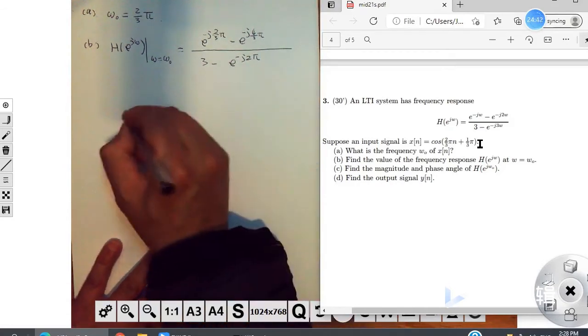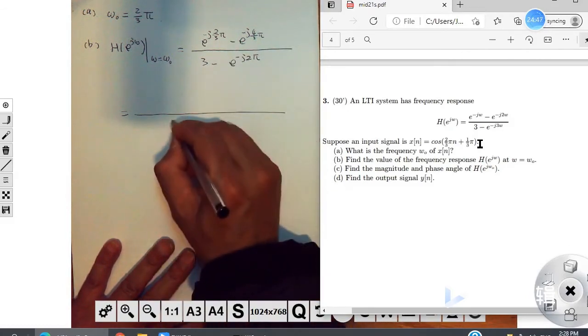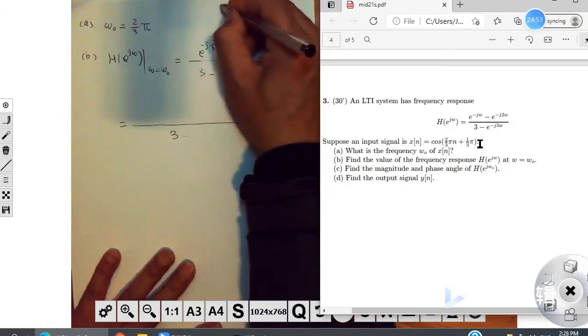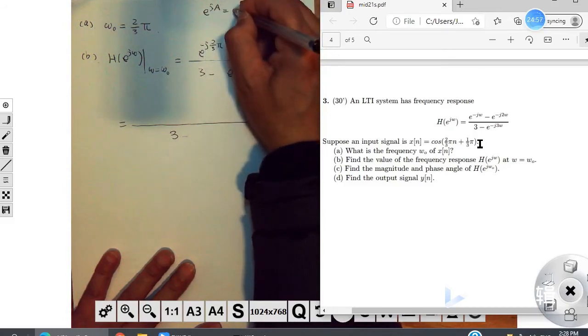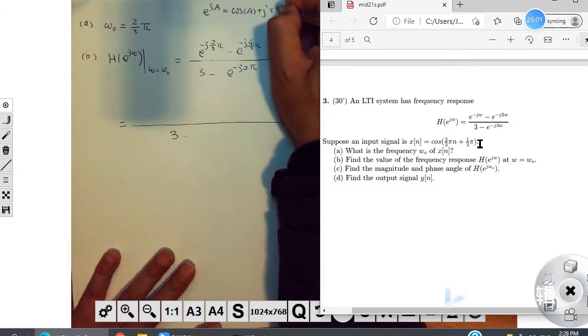Then we can do some simplification. The denominator is just 3 minus this one. We use the Euler formula, right? We have to use Euler's formula: e to the j a equals cosine of a plus j sine of a.